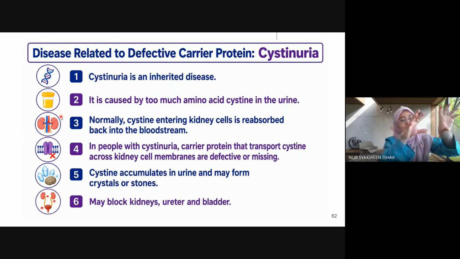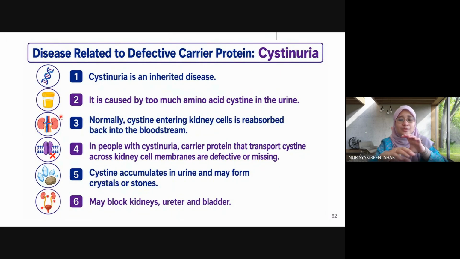And so as blood is filtered in the glomerulus area, the fluid from the blood will enter into the Bowman capsule and becomes filtrate. So this filtrate has a lot of nutrients. It has a lot of water.